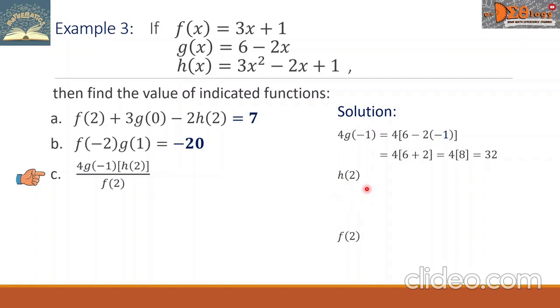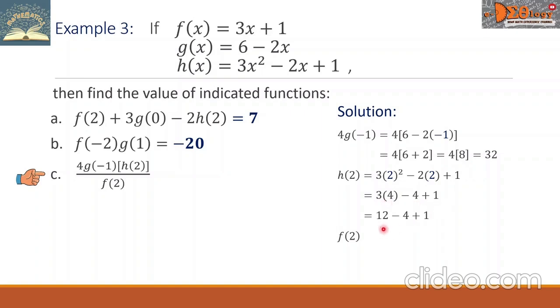Now h of 2. Our h of x is here. So h of 2 is 3 times 2 square minus 2 times 2 plus 1. 2 square is 4. 2 times 2 is 4. So we have 3 times 4 minus 4 plus 1.